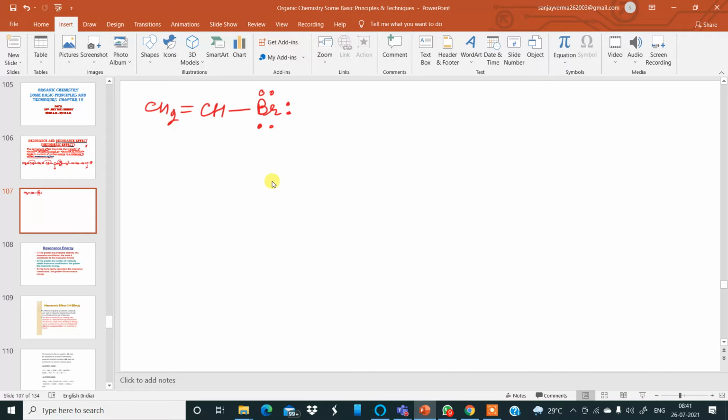So what will happen? This lone pair falls onto this single bond, the pi electron is disturbed, so it is thrown onto the adjacent carbon atom, giving a structure which looks like this: CH2 with a negative charge, single bond, CH double bond, and then this Br will have two lone pairs and carry a positive charge. So this is an example of the mesomeric effect, which is a permanent effect.